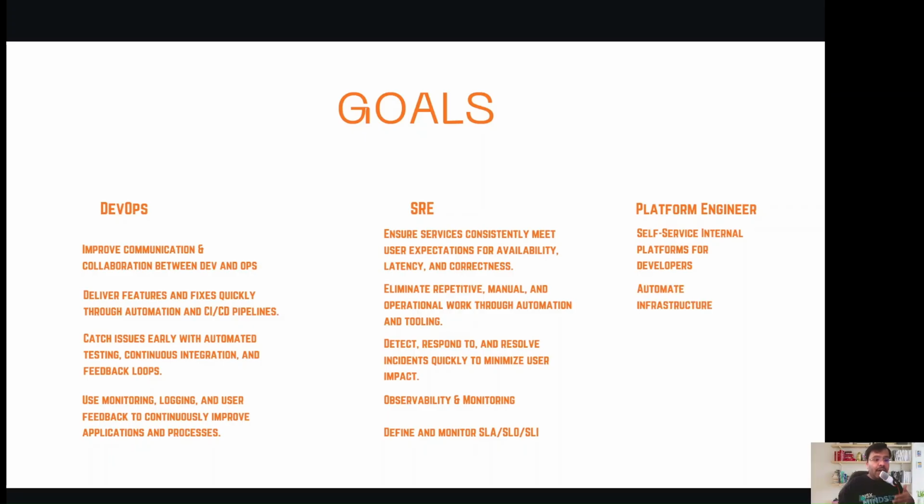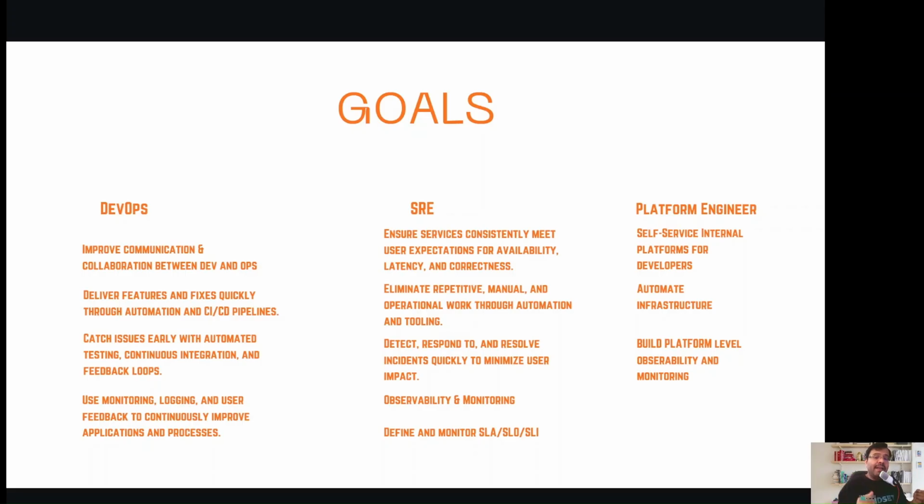The second goal is automating the infrastructure. The third goal is to build platform-level observability and monitoring. The SRE focuses just on a specific health check and monitoring of the application, but the platform engineer is to make sure of the overall platform level, that means the infrastructure behind running that application.